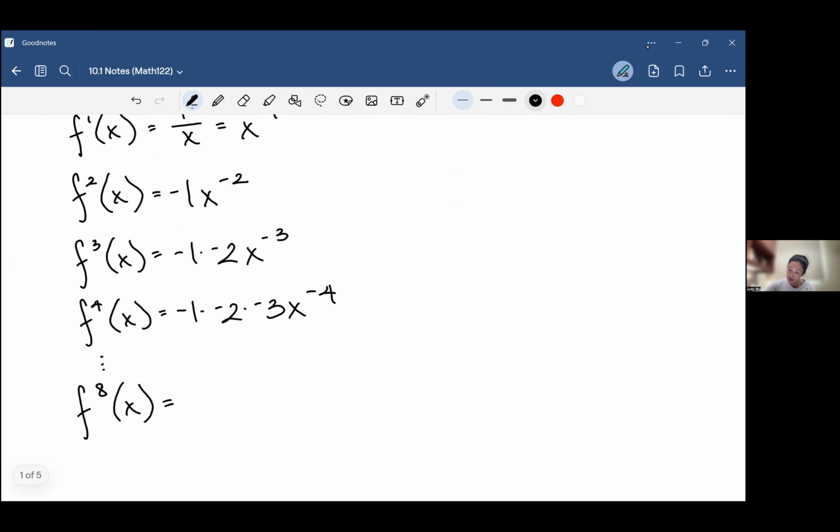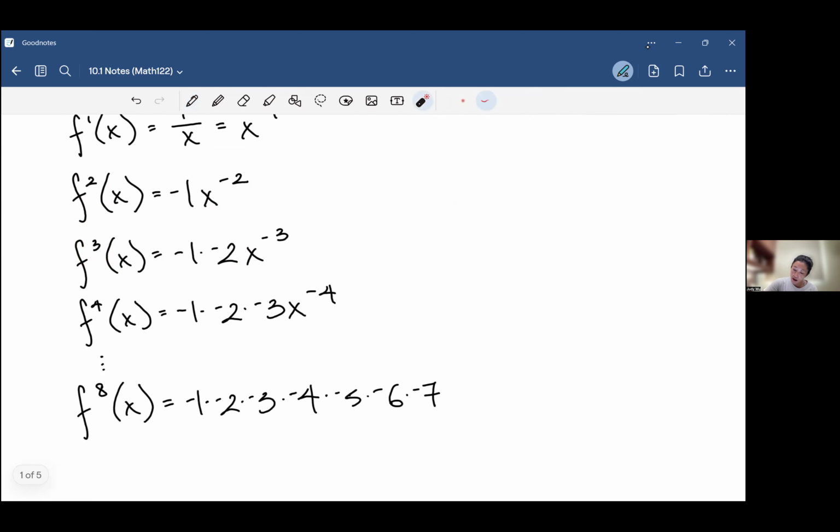Okay, now, I noticed that for the second derivative, I only have a -1, but for the third derivative, I have a -1 times -2, okay? So this to me suggests I'm going to have -1 times -2 times -3 times -4 times -5 times -6 times -7, but it's going to stop one earlier than my number.